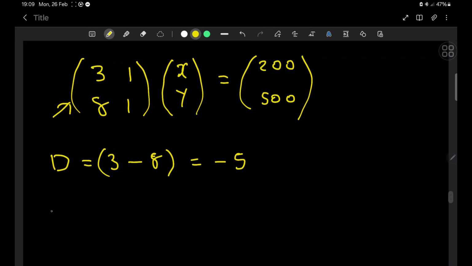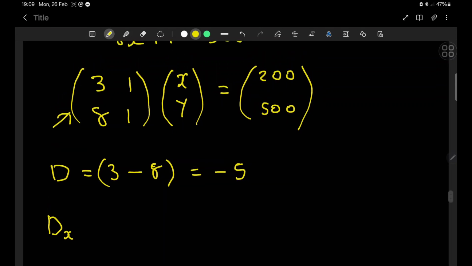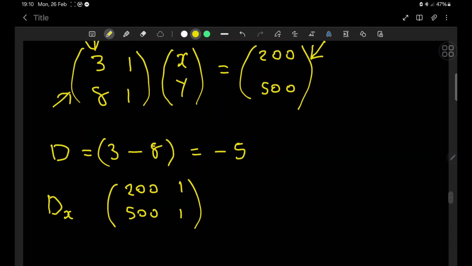Then we need to find the determinant for x, where we replace the first column with our solutions. So we make a matrix with 200, 500, and we maintain the rest of the matrix as it is.